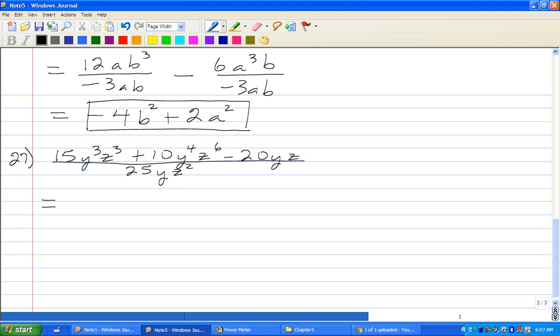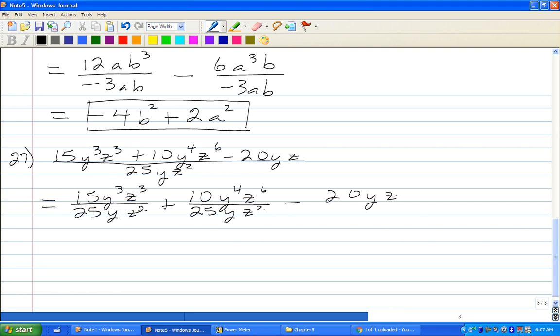And so I get 15y cubed z cubed over 25yz squared plus 10y to the 4th z to the 6th over 25yz squared minus 20yz over 25yz squared.